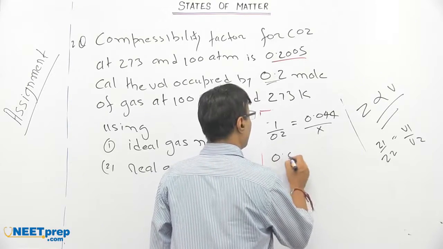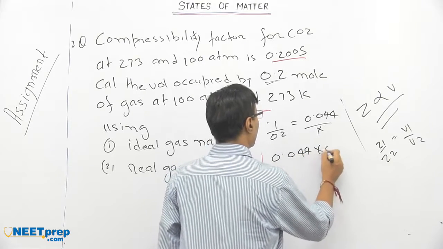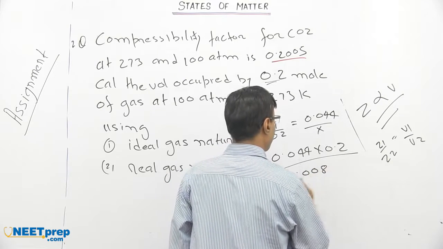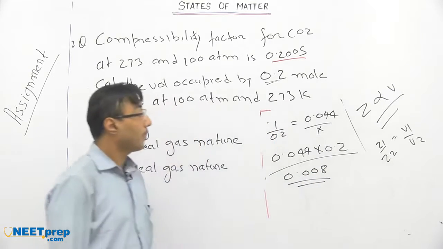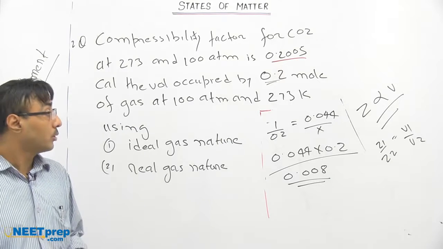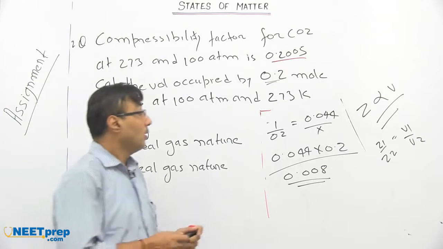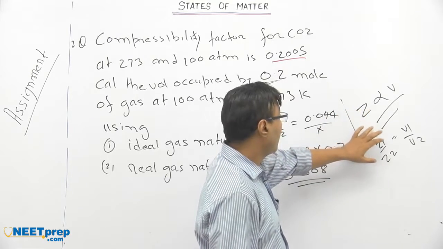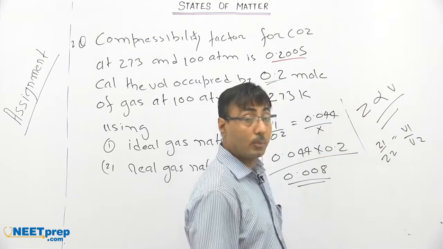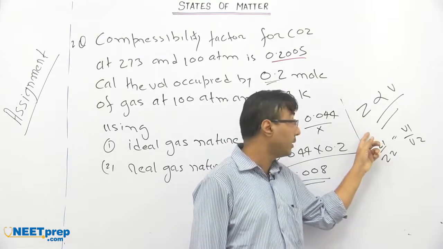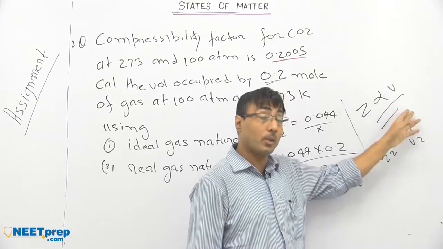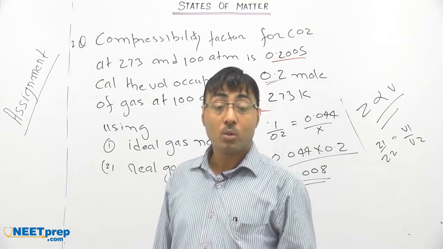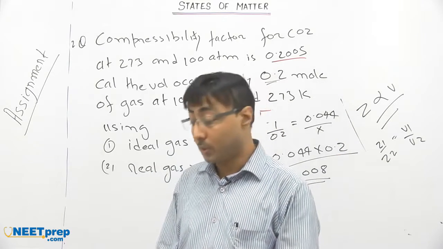So it is 0.044 into 0.2. Answer is 0.008. What happened? Z became 1 by 5th, so volume will become 1 by 5th. Z अपने इनिशियल वैल्यू का 1 by 5th हो गया, तो वॉल्यूम भी अपने इनिशियल का 1 by 5th हो जाना है.